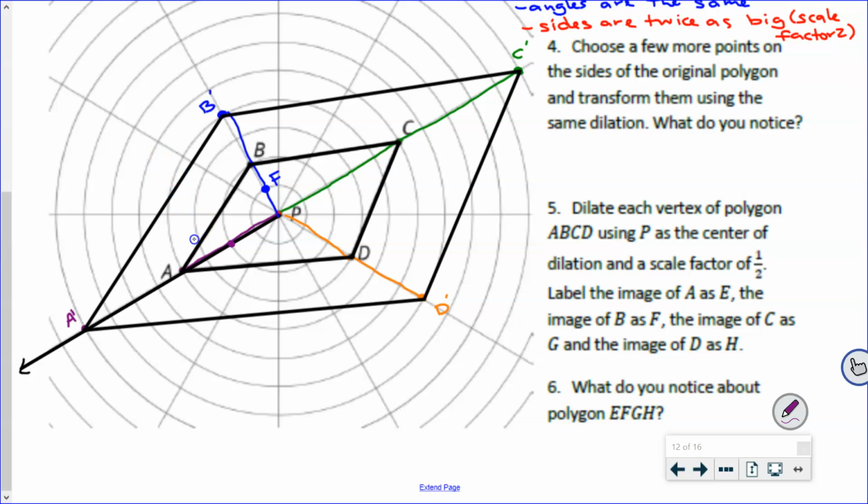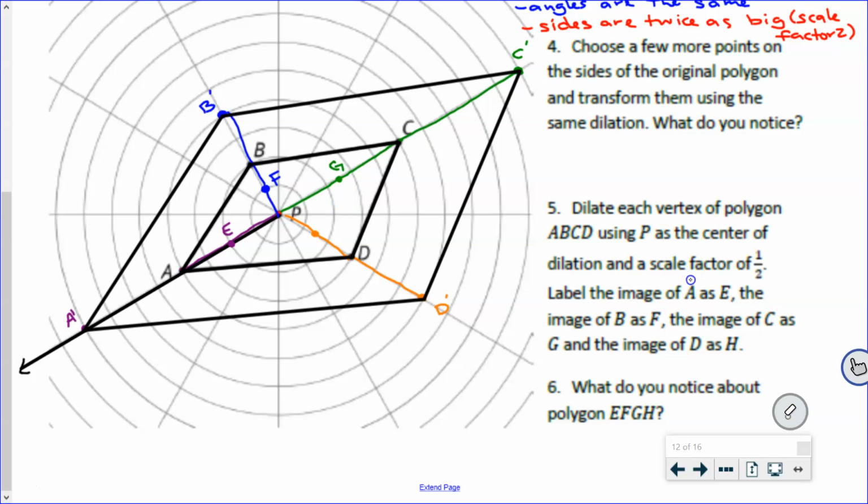And A is going to be renamed E. C was 1, 2, 3, 4, 5 away, and 1/2 of that is 2.5. That's going to be called G. D is 1, 2, 3 away, and 1/2 of 3 is 1.5.